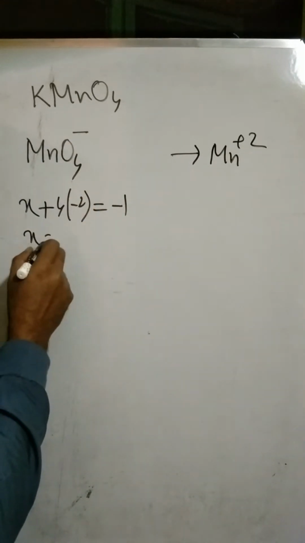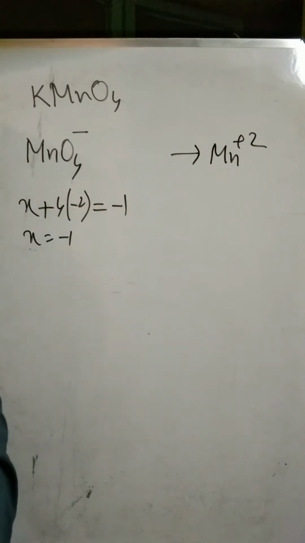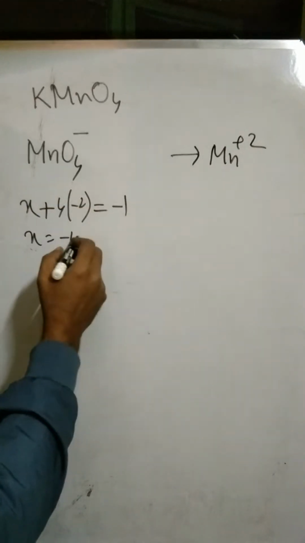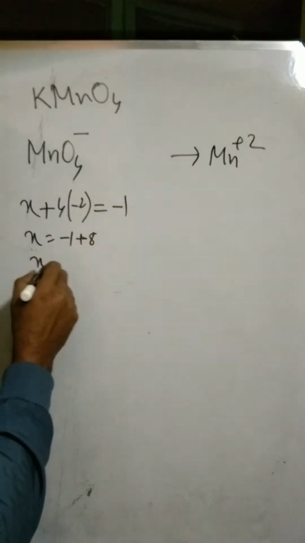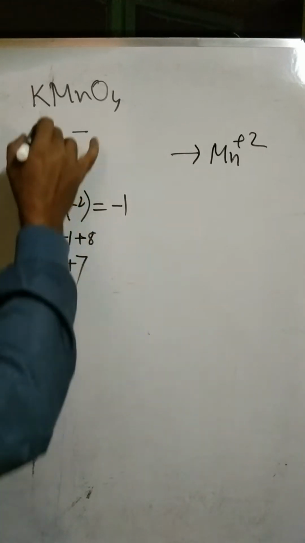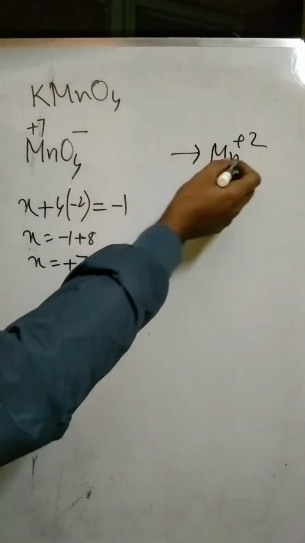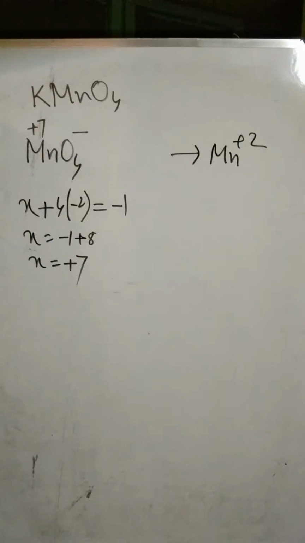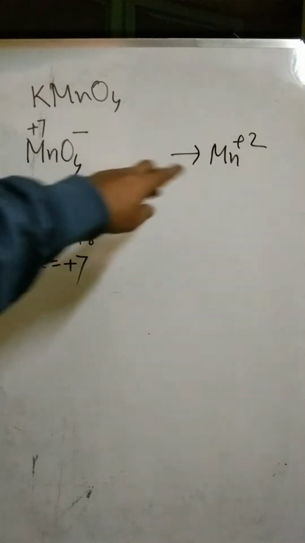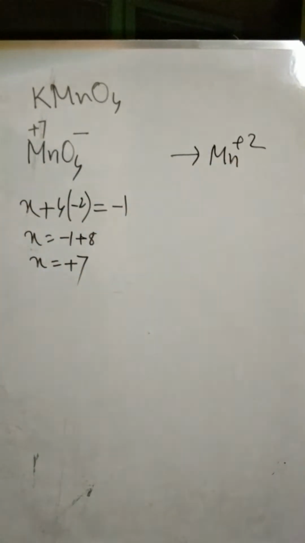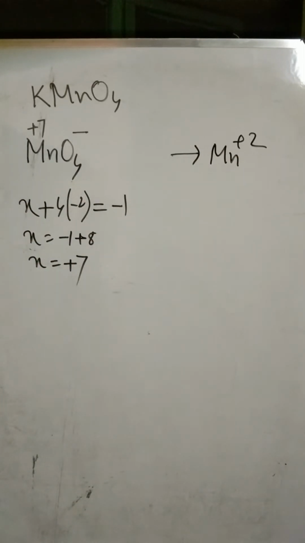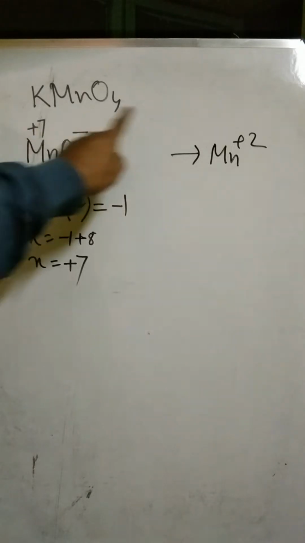So X minus 8 equals -1, so X equals plus 7. The oxidation state of manganese here is plus 7, and in Mn plus 2 ion it is plus 2. So the change in oxidation number is plus 7 to plus 2.